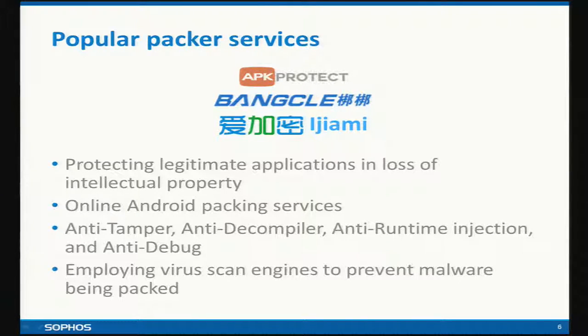And since 4.4, Google has been transferring from the Dalvik architecture to the ART architecture. They were originally created to protect against repackaging and loss of intellectual property.